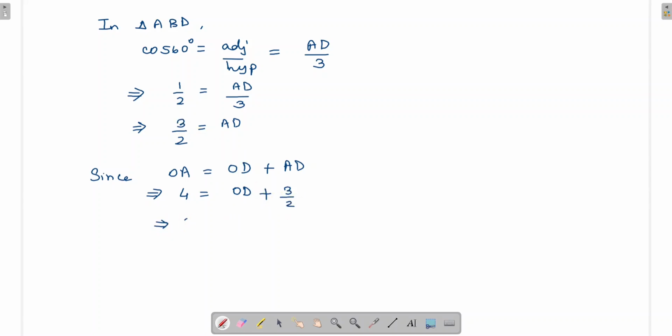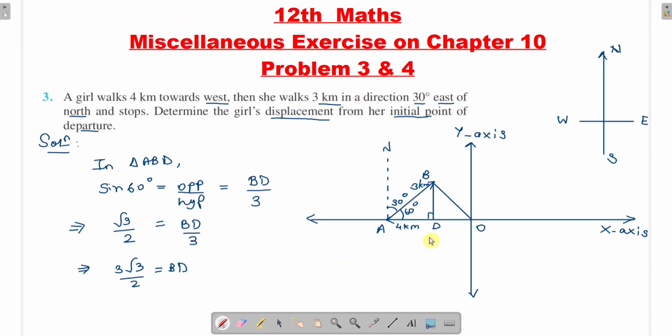So 4 minus 3 by 2 is equal to OD. So 8 minus 3 by 2 is equal to OD, which gives OD equal to 5 by 2. So this distance is 5 by 2. Now we have to find this distance, BD.